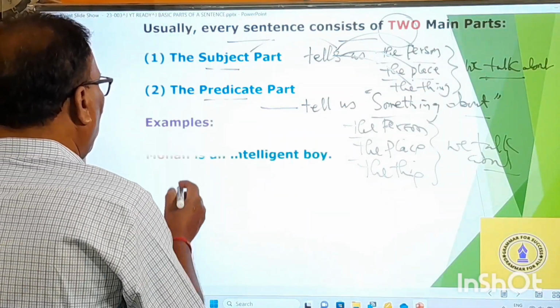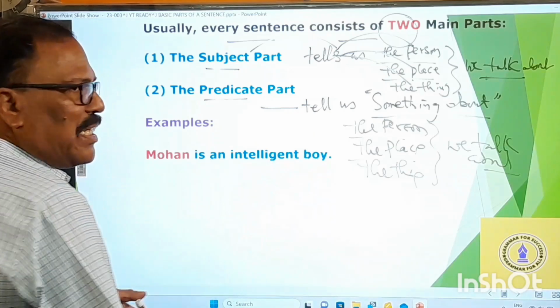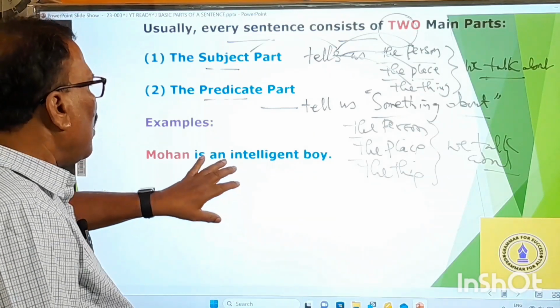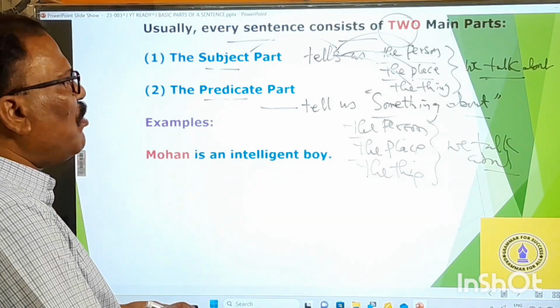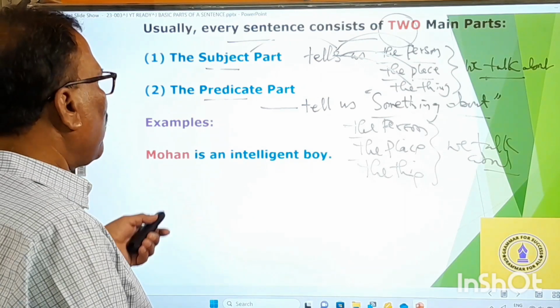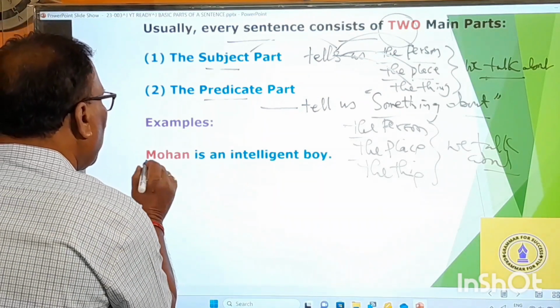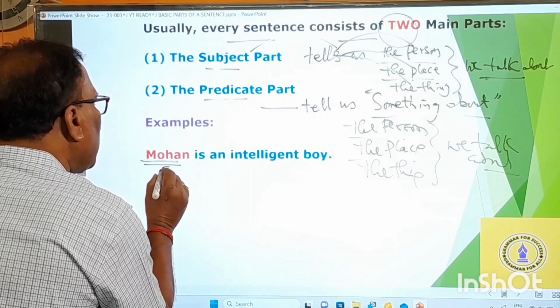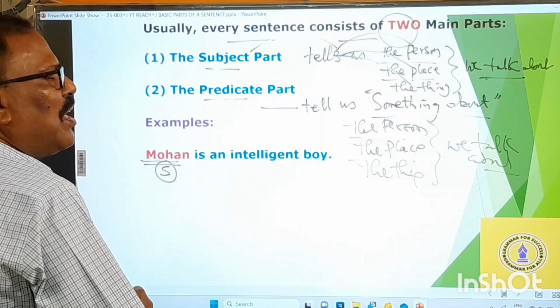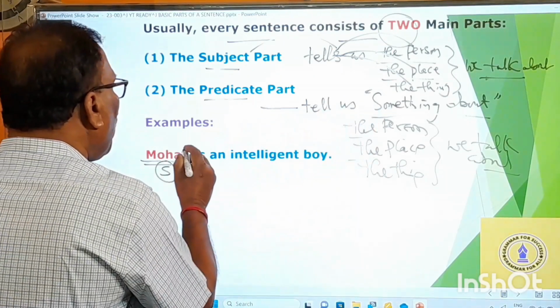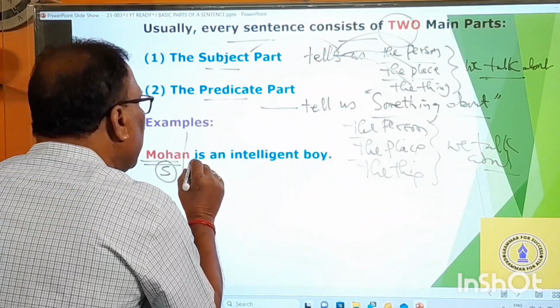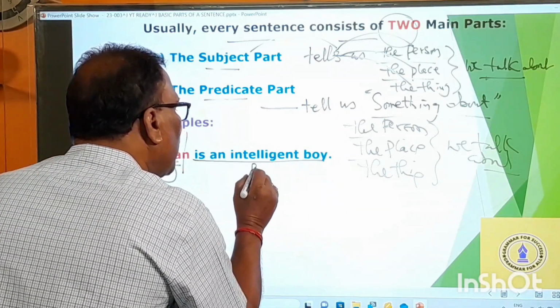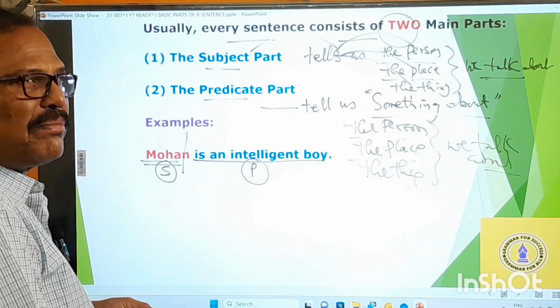Now, Mohan is an intelligent boy. Who are we talking about in this sentence? We are talking about Mohan. Mohan is the subject part. And what are we saying about this subject part? That he is an intelligent boy. This is the predicate part.